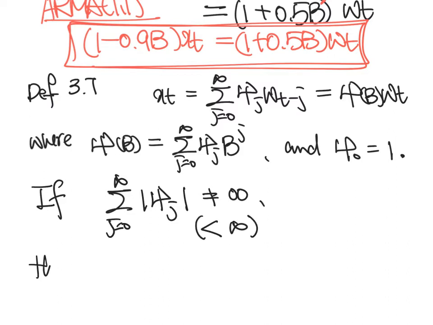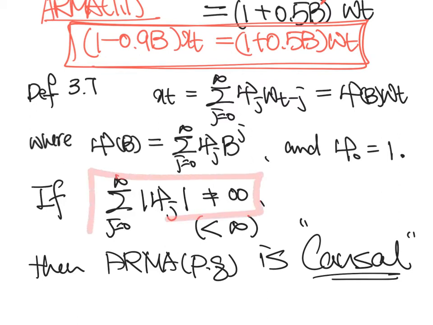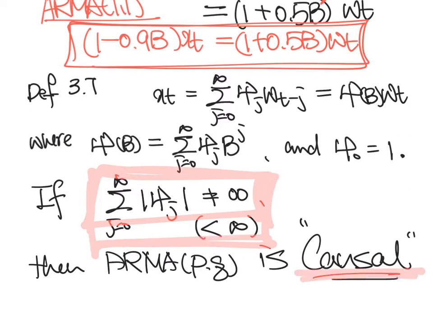then the ARMA model, ARMA(p,q), is causal. In general, if it is true, I mean this one is true, then simply we can say the ARMA model is causal.